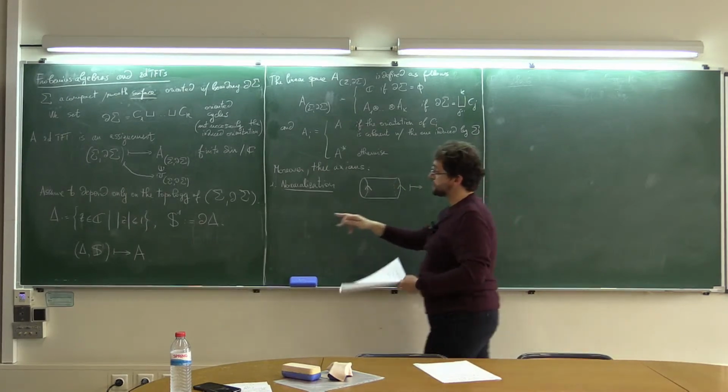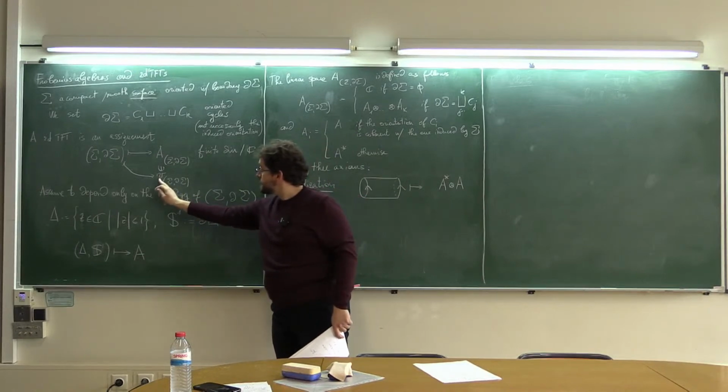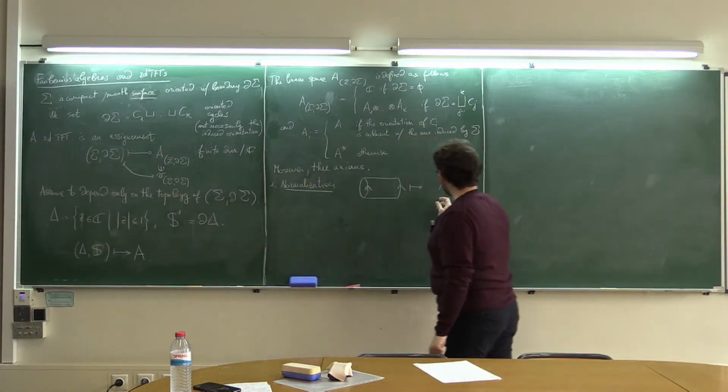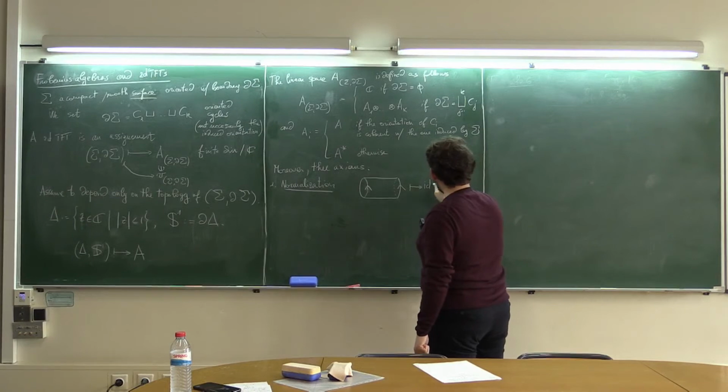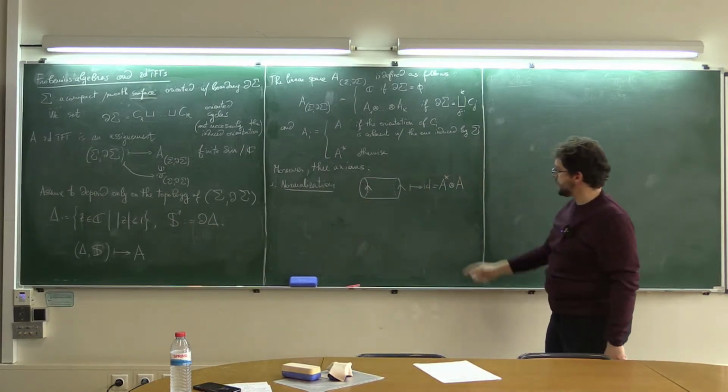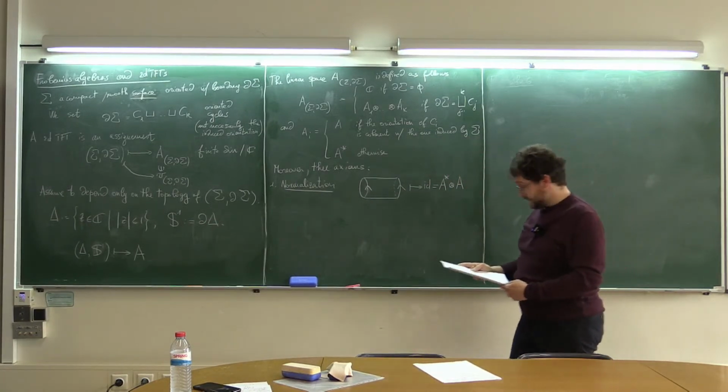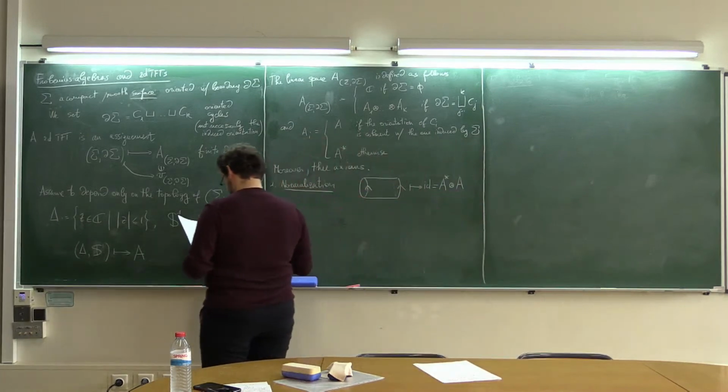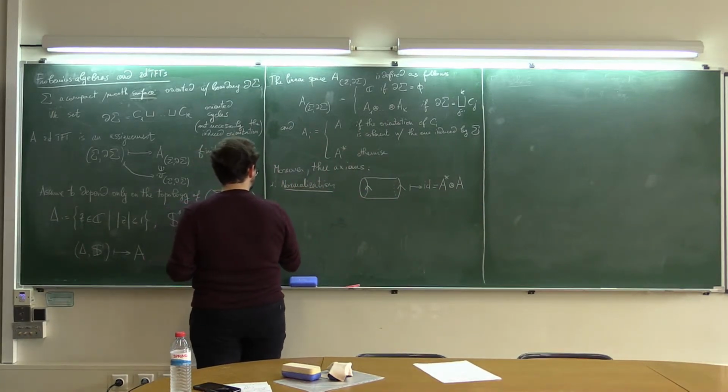And I have to define what is the vector. Well, I require that this is just the identity of A. A second axiom is the axiom of multiplicativity.